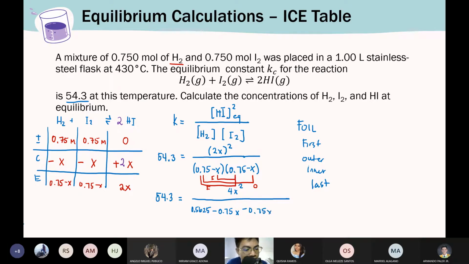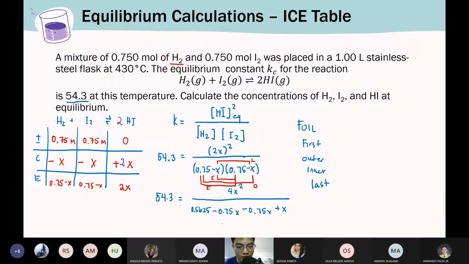And then the last, negative x times negative x, parehas na negative, magiging positive x squared.